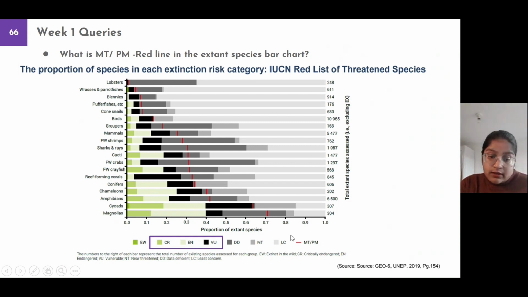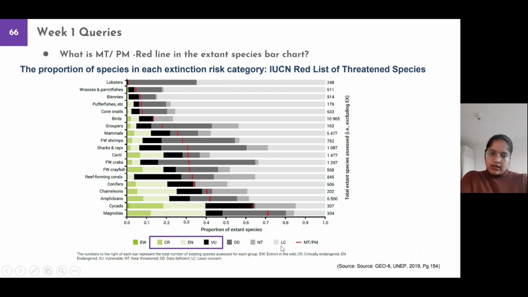So the learner is referring to the MT/PM line. EW basically means extinct in the wild. CR is critically endangered species, EN is endangered species, VU is vulnerable species, DD is data deficient, NT is near threatened, and LC is least concern species.